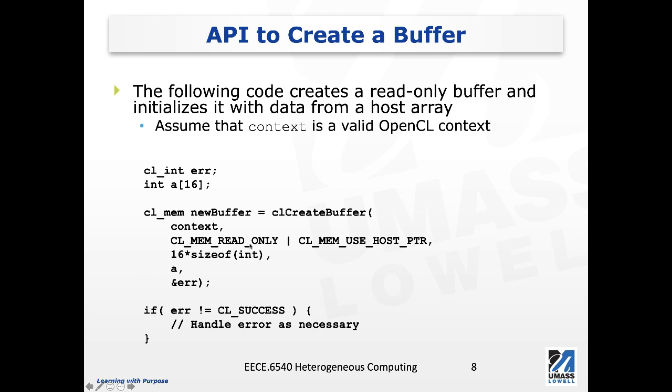That is to say that the kernel can only read from this memory object. Also, it uses the option CL_MEM_USE_HOST_PTR. So when it says use host pointer, this is to say that this buffer will be allocated on the host side at this time, and we will see how the devices will get the values when they attempt to read the buffer. And after that, we will do an error check to see if this create buffer operation is successful or not.